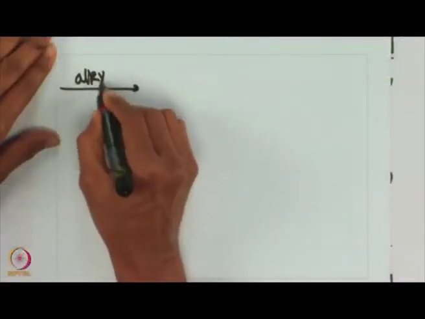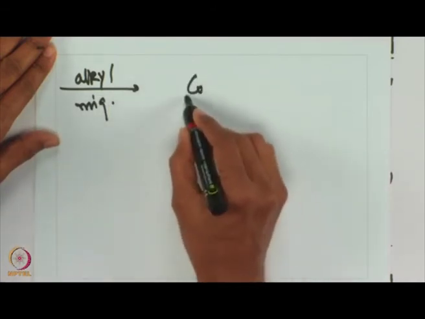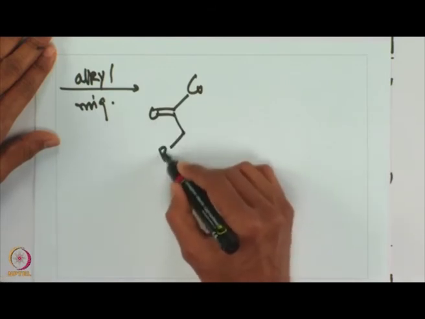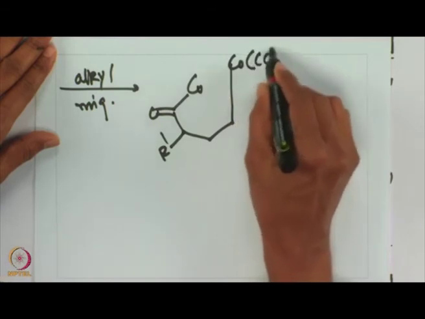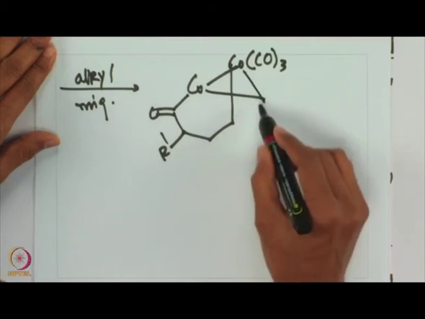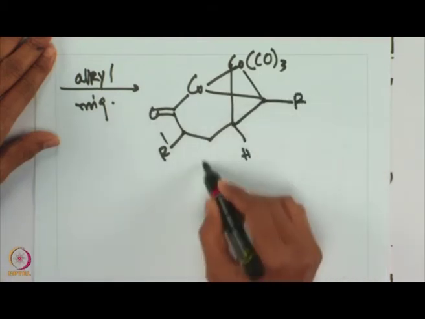From that intermediate, let us draw the alkyl migration. Alkyl migration gives a very beautiful intermediate leading to the product. It is already looking like the product now, that is great news, and subsequent reductive elimination will lead to the product formation.